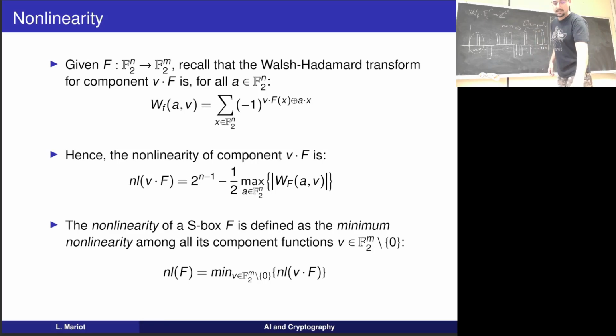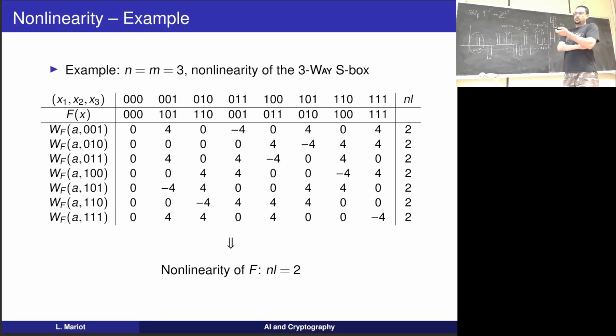So you have a vector space structure. You cannot have, for example, 5 components. You need to have a power of 2 in the space of linear components. So this is an example with the 3-way Sbox. The nonlinearity will be 2, because it is quite uniform. In this case, we are getting 2 for each possible non-trivial component.